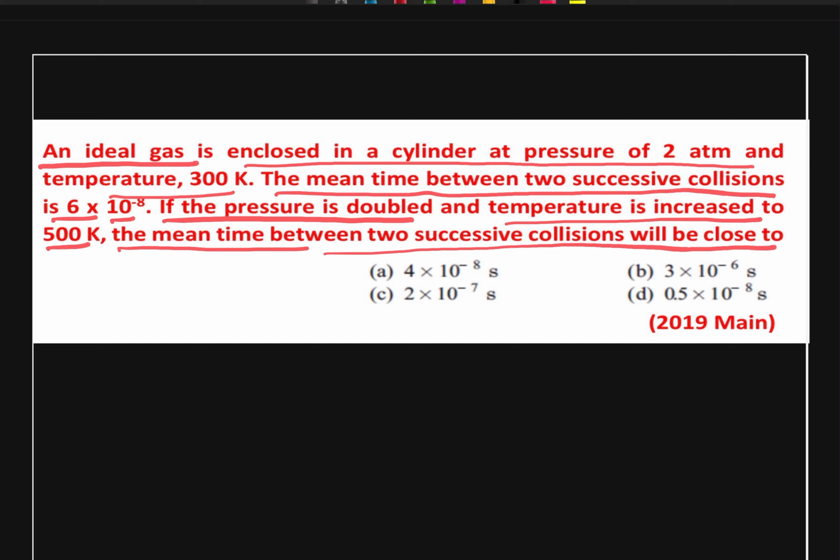Okay. So here we have to use the relationship that is directly based on the mean free time along with the average velocity.